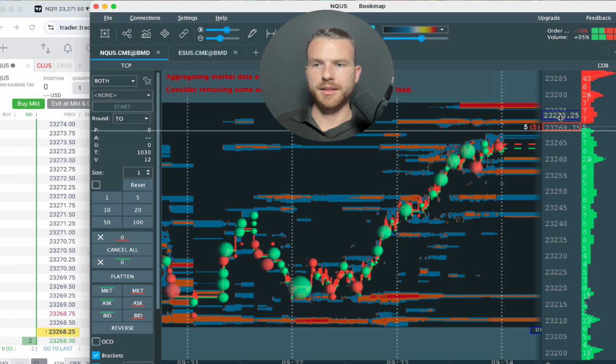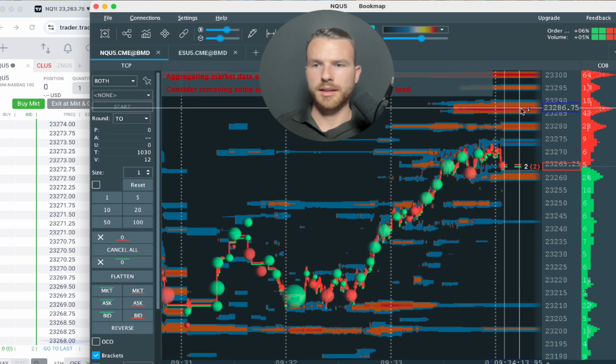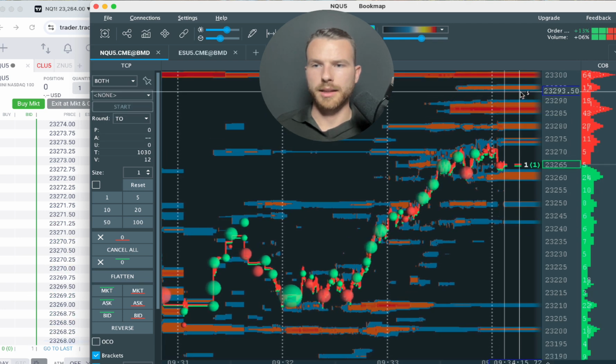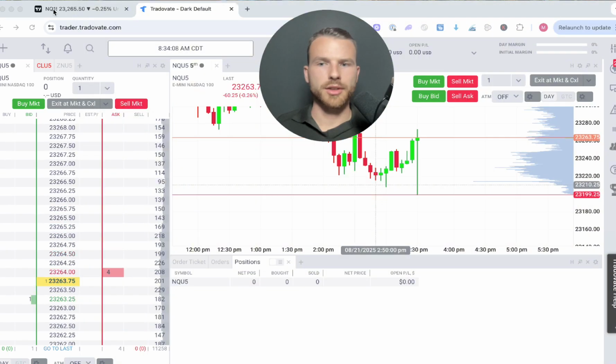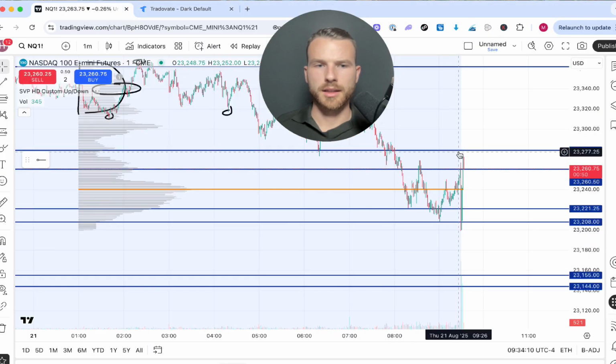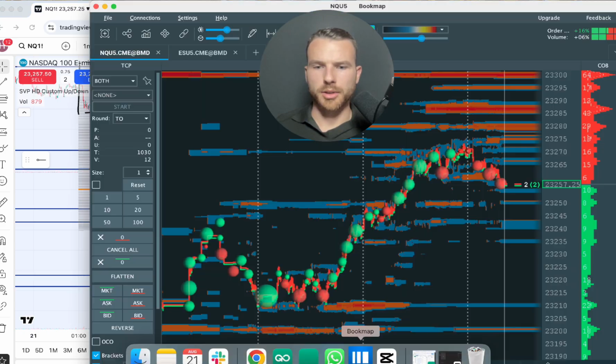Potential exit should be probably here at the 290 level. The 300s is somewhere all the way up here. It's a bit too far right now. So yeah, if we get in here, we can probably set a pretty tight stop loss, to be fair.